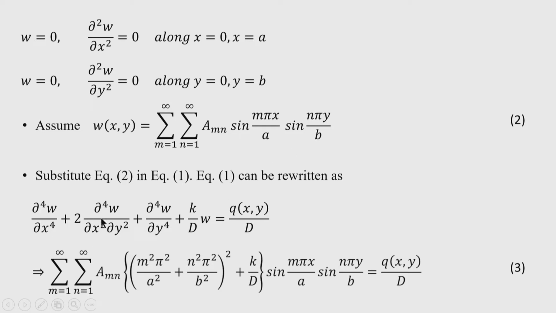The middle term, the cross derivative twice with respect to x and twice with respect to y, gives m square n square pi to the power 4 divided by a square b square, and since it is multiplied by 2, we can arrange the result of differentiation in this compact form: m square pi square divided by a square plus n square pi square divided by b square, whole square, plus the additional term due to the elastic foundation reaction, that is, the upward reaction of soil, which is entering here.